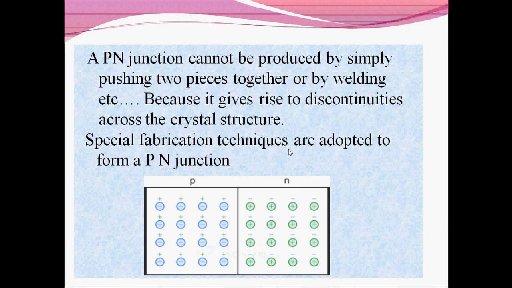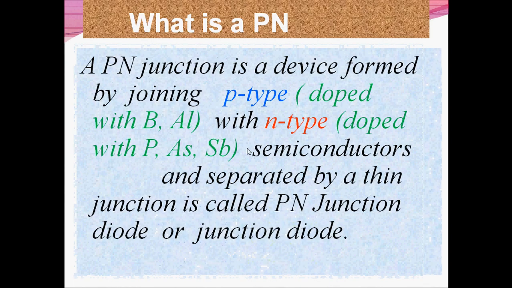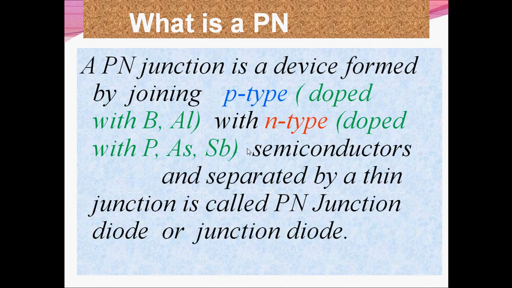Special fabrication techniques are adopted to form a PN junction. What is a PN junction? A PN junction is a device formed by joining P-type material with N-type semiconducting material and separated by a thin junction. It is called a PN junction diode or junction diode.